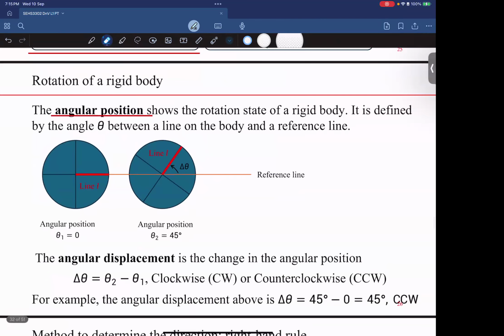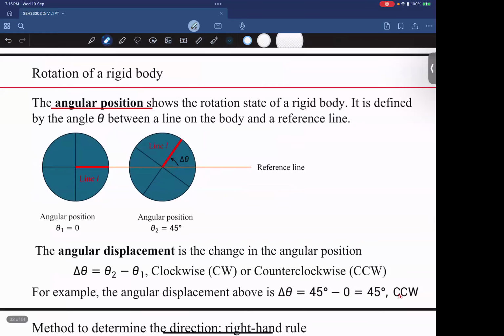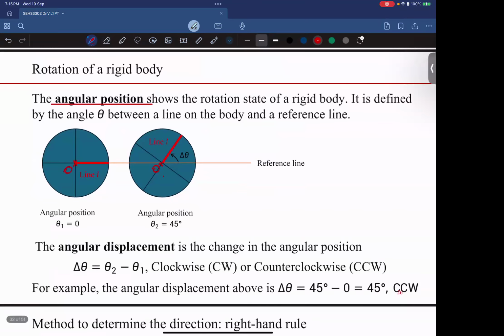And yeah, let's come back to the notes. Okay, so in such a wheel, the rotating center is the geometric center. Okay, so the center is the center of the wheel, the geometric center.